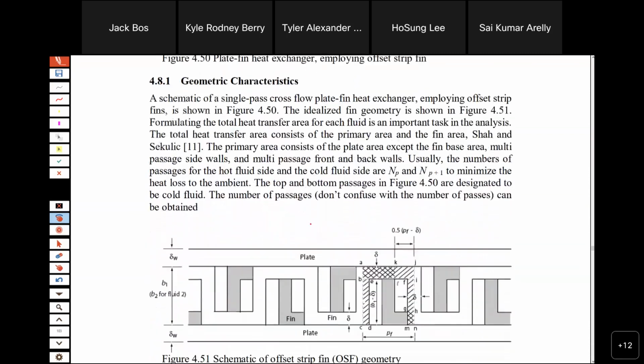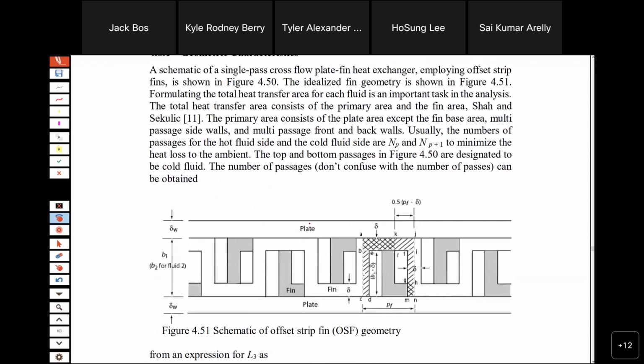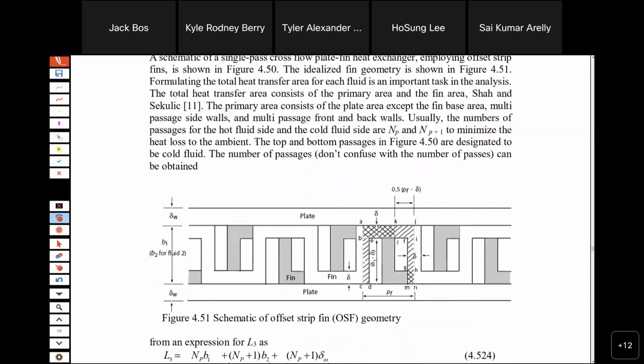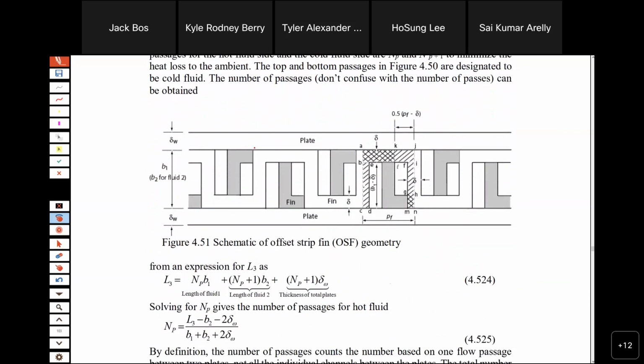If you look at it, actually, it's a repeat. The pattern is repeating, so we can look at the structure of straight fins.